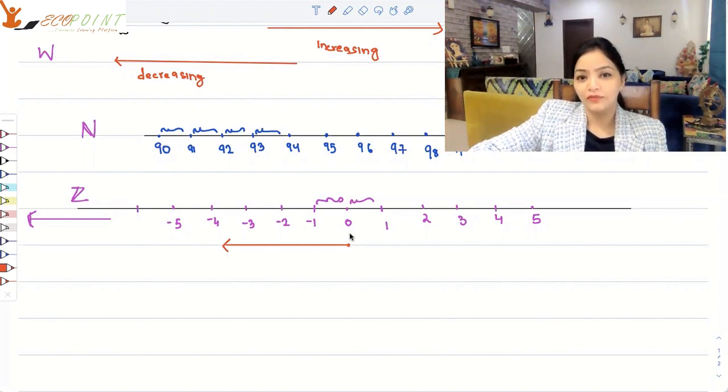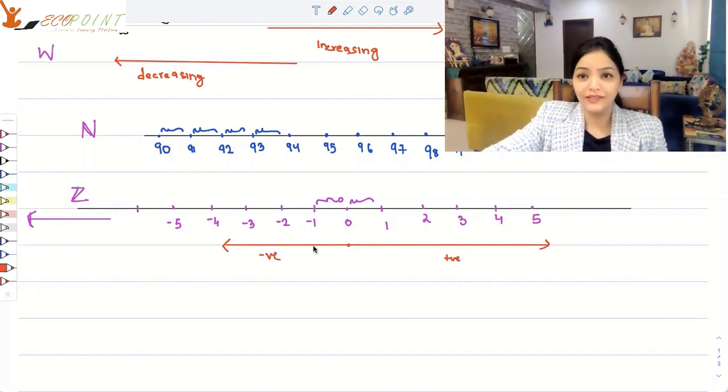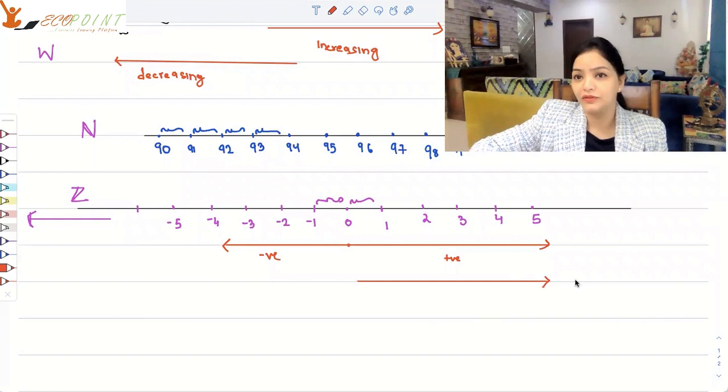So if we take the center of our line as 0, you have all negatives here and all positives here. What I am trying to tell you is that the numbers are in increasing order this way.